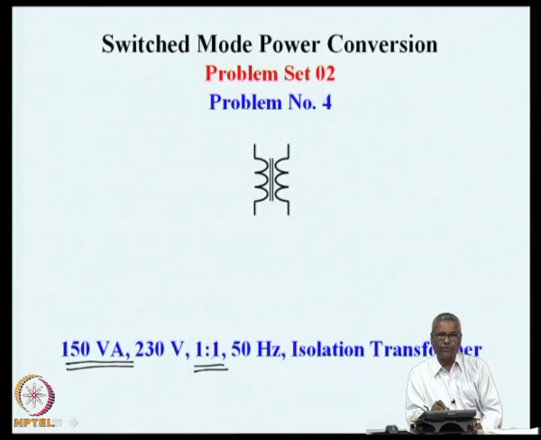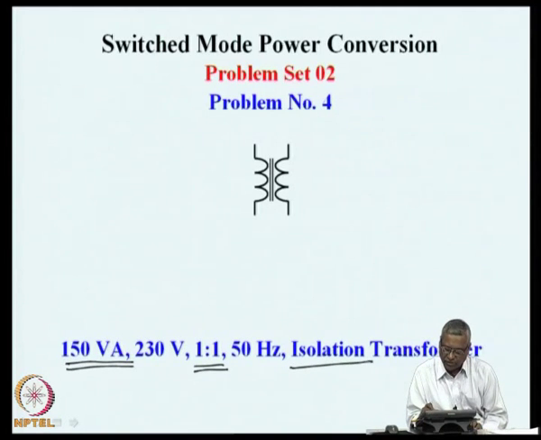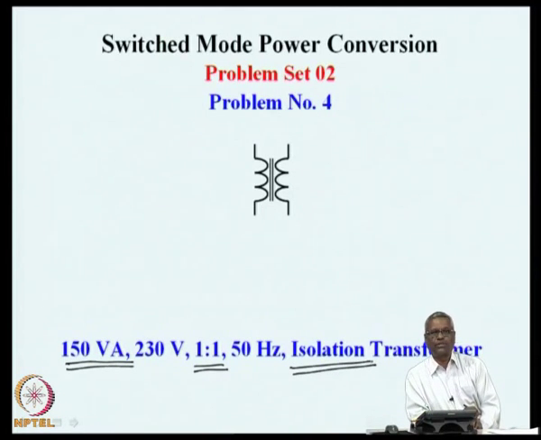Such transformers are used mainly as isolation transformers. The purpose is to electrically isolate, but not modify the frequency or voltage. Such isolation transformers will have a turns ratio of 1:1.